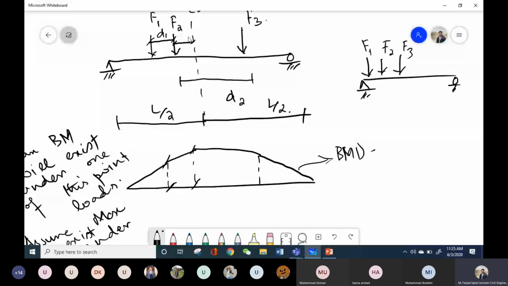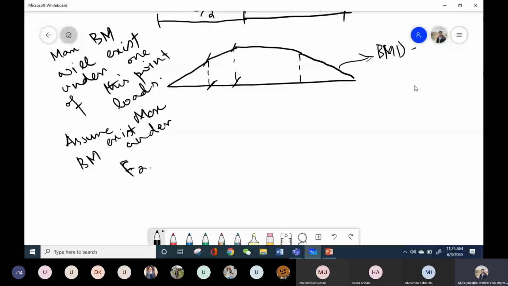So if I follow some method by which I get this distance, call it x, that is, where I should place my load under which the maximum bending moment exists with respect to the center line, then I will get one clear idea: if I have a set of moving loads and the maximum bending moment is under one specific point load, I should place that load at a distance of x from the center line, and then I will get the maximum value of bending moment for this simply supported beam.